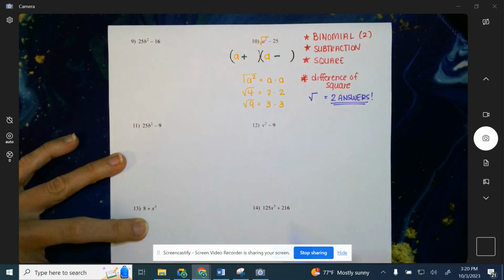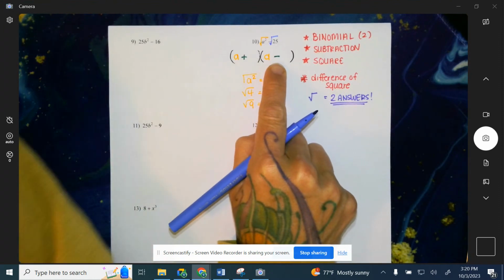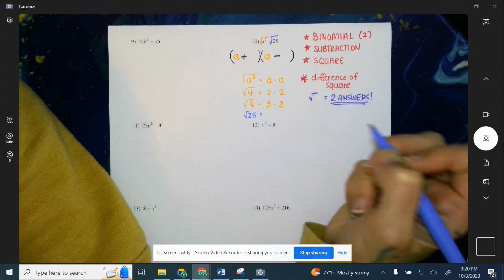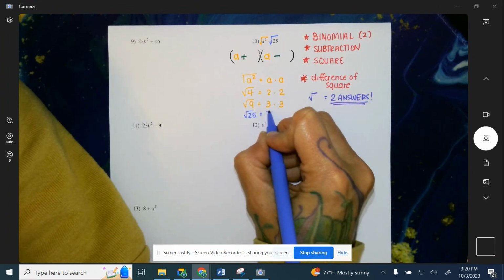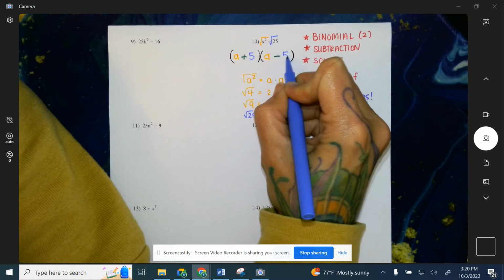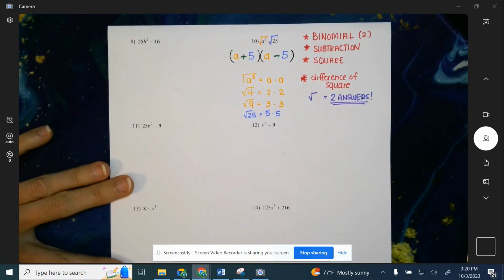Then we're going to take the square root of 25, disregard the negative. That minus is taken care of when we did the plus minus. Square root of 25. So what number times itself gives me 25? It's 5 times 5. So you're going to put a 5 in the front and back. Plus and minus. Now you have factored it. Difference of squares.